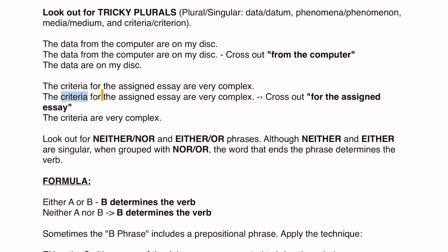The assigned essay is singular. طيب لو حطينا ال preposition لحد ال verb وشلناها، cross out for the assigned essay، تطلع لك the criteria are very complex. وكرايتيريا للأسف is a tricky plural. ناس كتير فاكرها singular but it's actually a plural word. So the subject here is criteria not essay. Essay طبعا is singular، أنا مالي، essay مش داخلة في السبجكت.